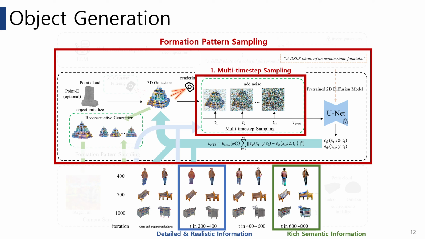This approach allows the model to capture detailed and realistic surface information at early timesteps, such as 200 to 400, while capturing rich semantic information at later timesteps, such as 600 to 800.